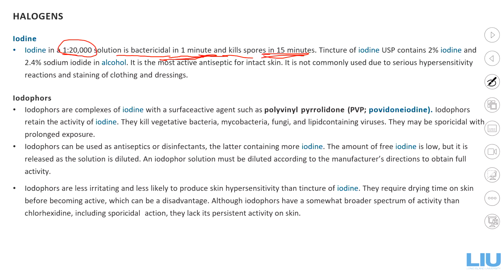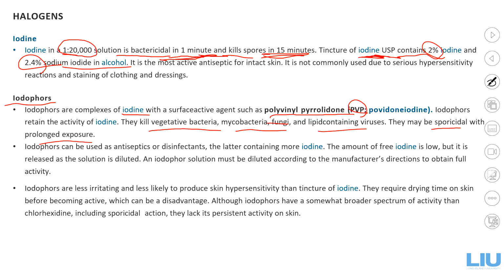There is tincture of iodine that contains 2% iodine and 2.4% sodium iodide in alcohol. There are also iodophors, a complex of iodine with polyvinylpyrrolidone, PVP. They kill vegetative bacteria, mycobacteria, and fungi. They may be sporicidal with prolonged exposure.